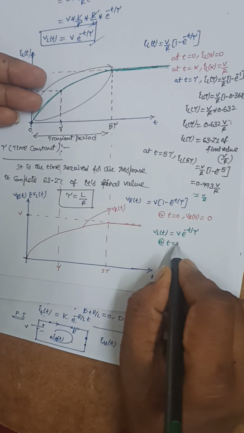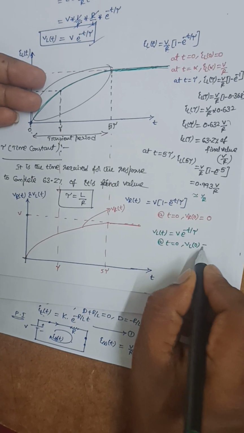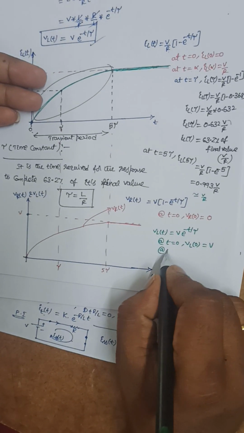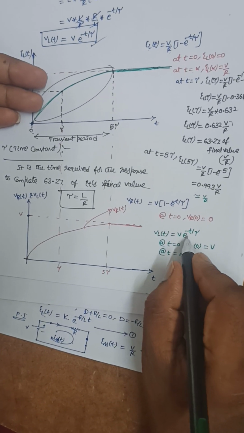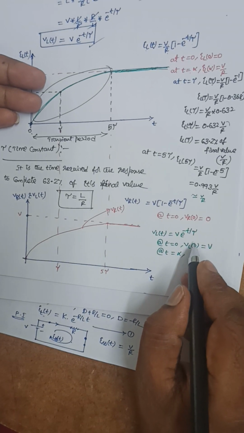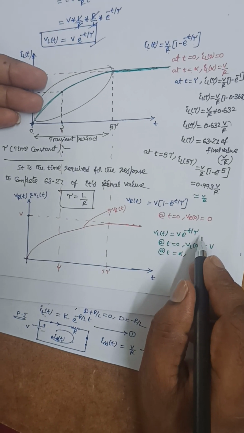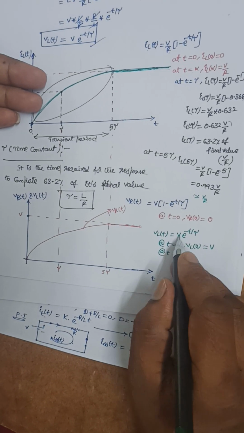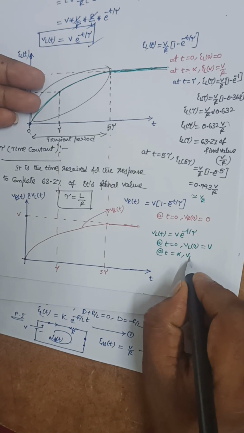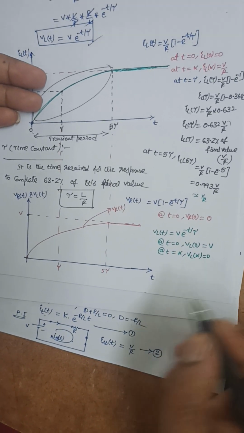At t is equal to 0, VL of 0 is equal to V. At t is equal to infinity, so it is e power minus infinity, 1 by e power infinity, 1 by infinity. So 1 by something divided by infinity is equal to 0. 0 into V is 0. So VL of infinity is 0 volts.